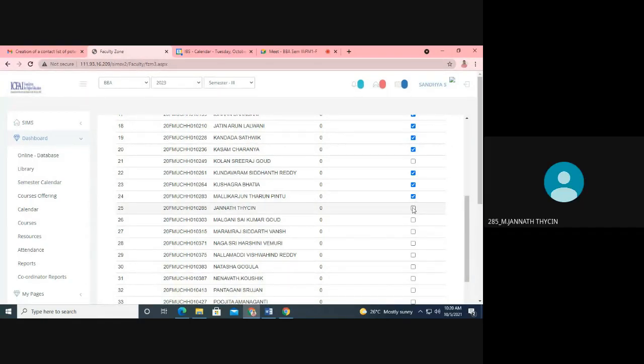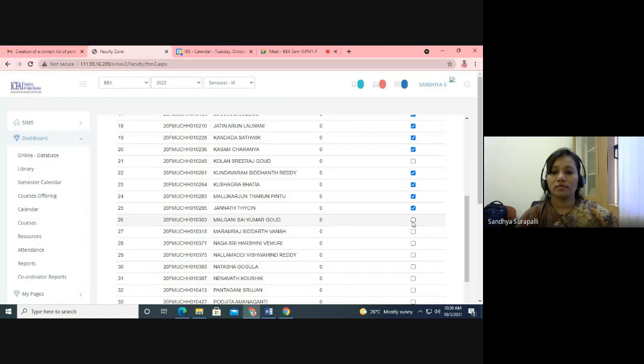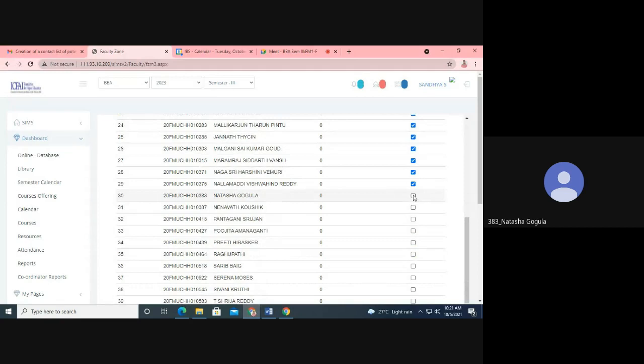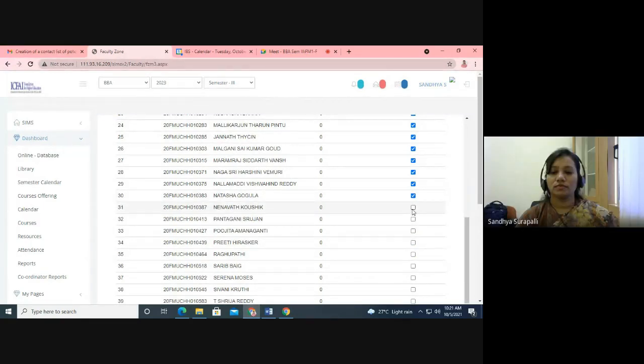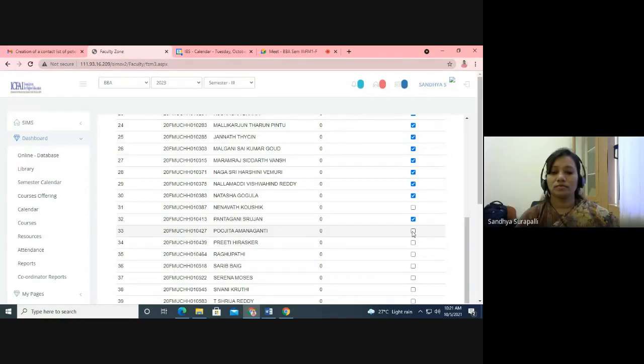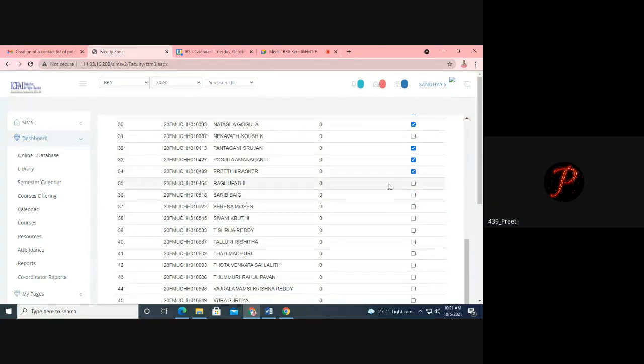Jannat, Yes, ma'am. Sai Kumar, Present, ma'am. Siddharth, Present, ma'am. Harshini, Present, ma'am. Natasha, Present, ma'am. Pujita, Present, ma'am. Preeti, Present, ma'am. Raghupati, Present, ma'am. Serena, Present, ma'am.